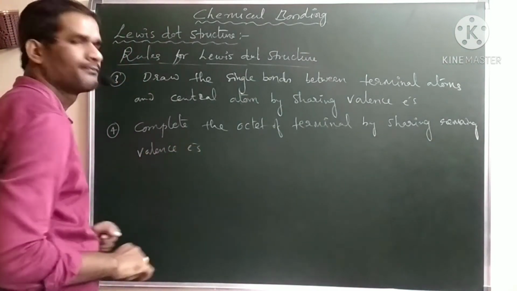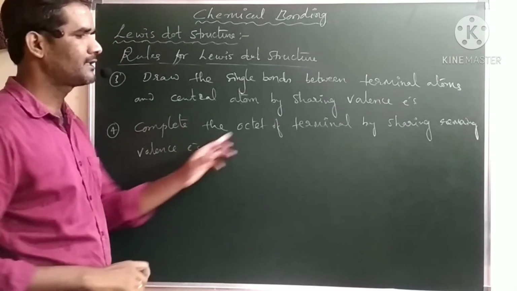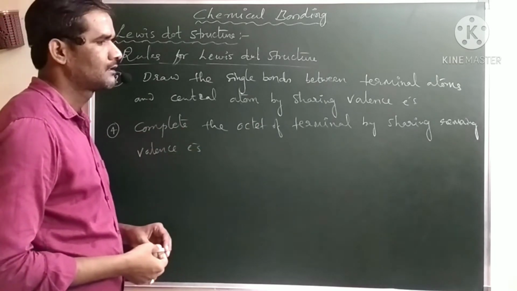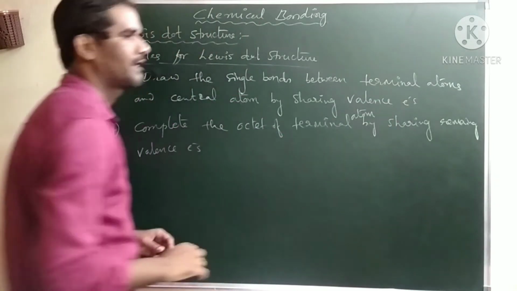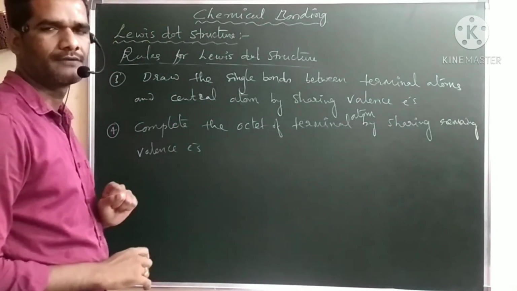So here, complete the octet of the terminal atom by sharing the remaining valence electrons.